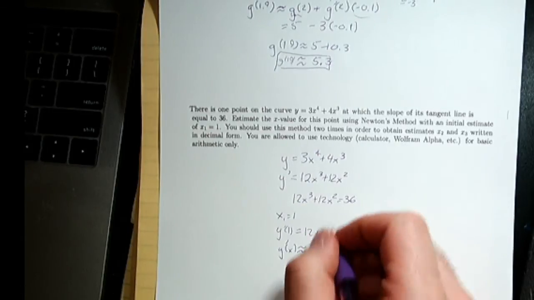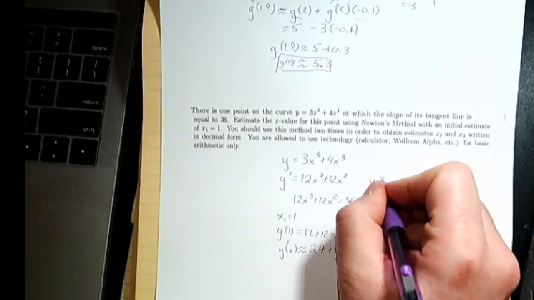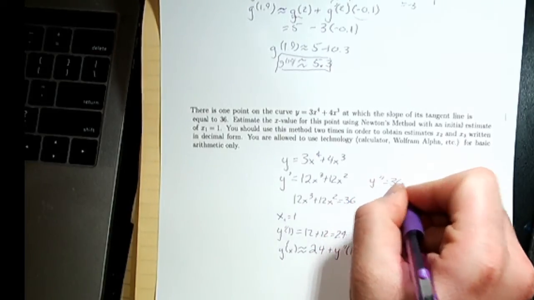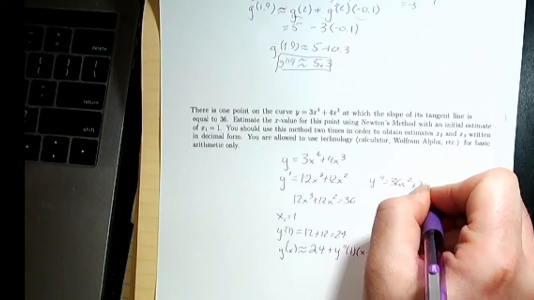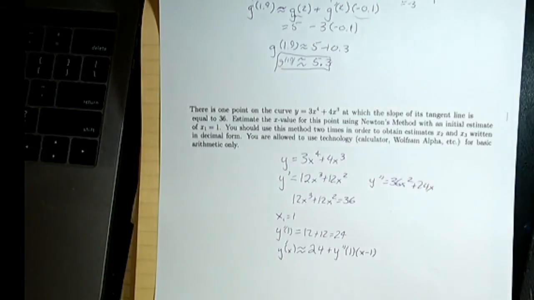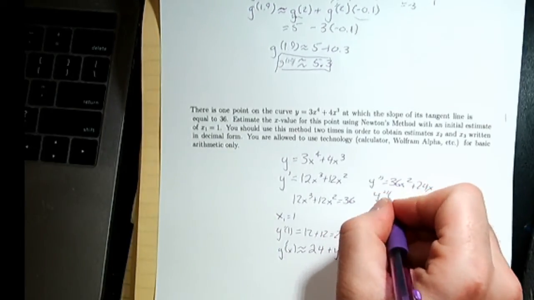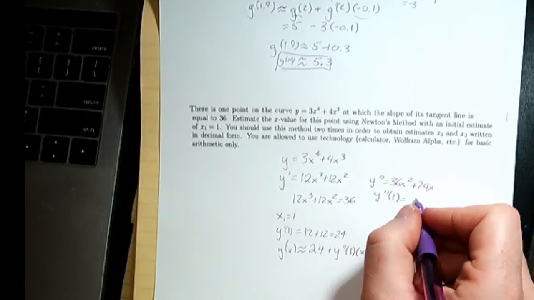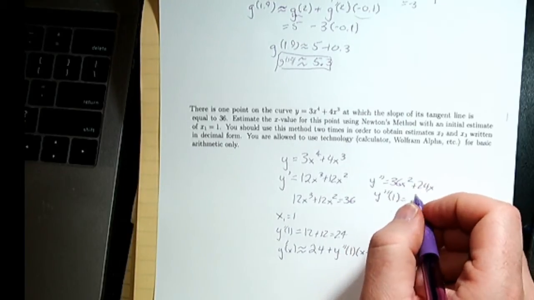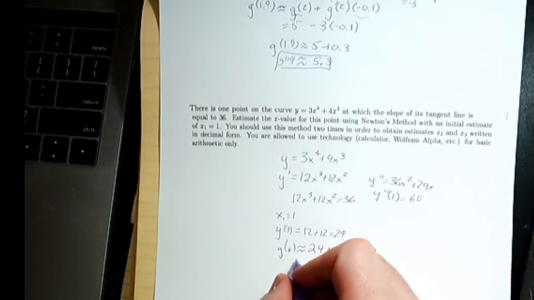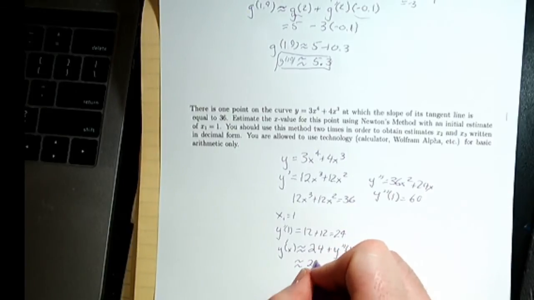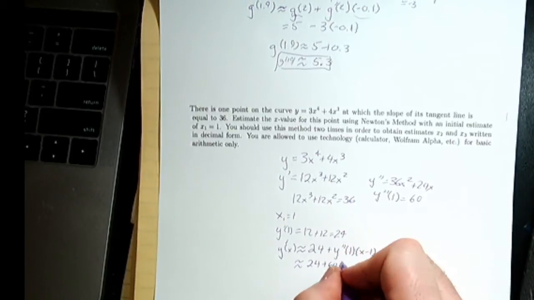Well, what is y double prime? We can figure that out quickly enough. y double prime is equal to 36x squared plus 24x. So y double prime of 1 is equal to 36 plus 24, which is just 60. So it's about equal to 24 plus 60 times x minus 1.